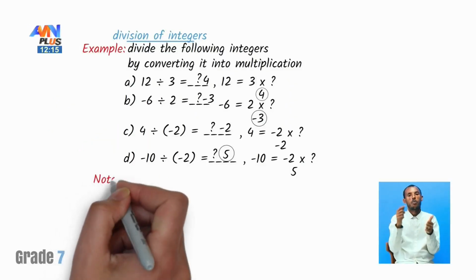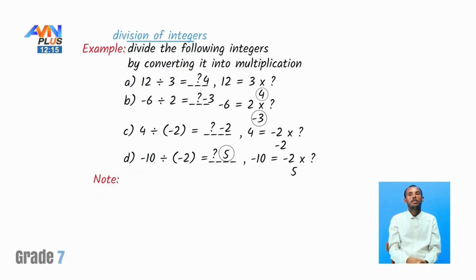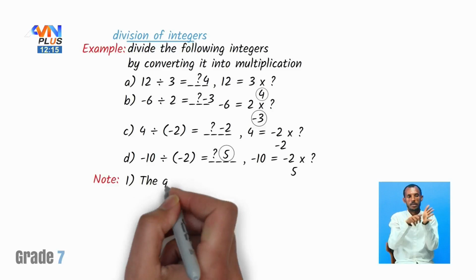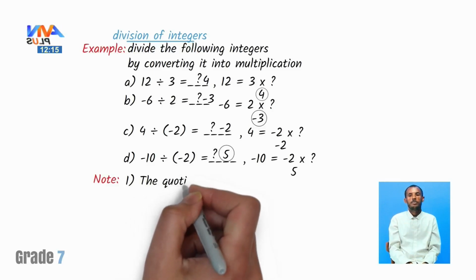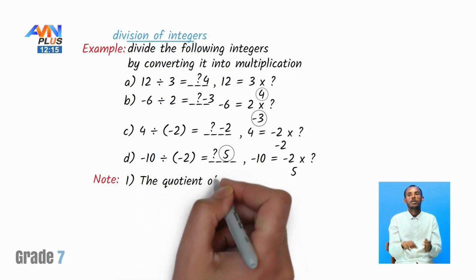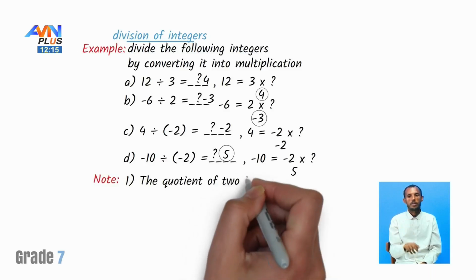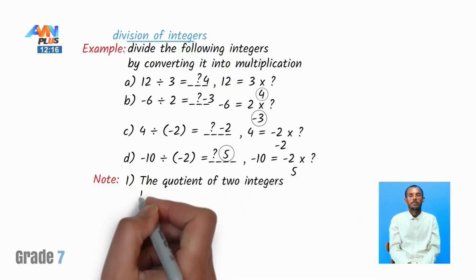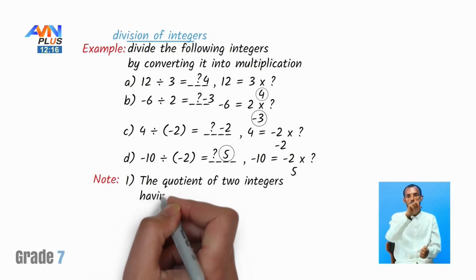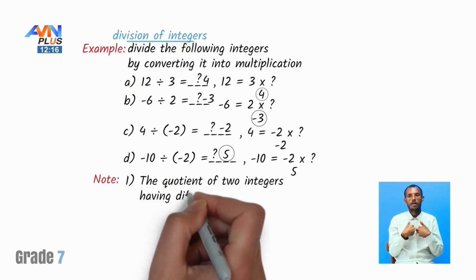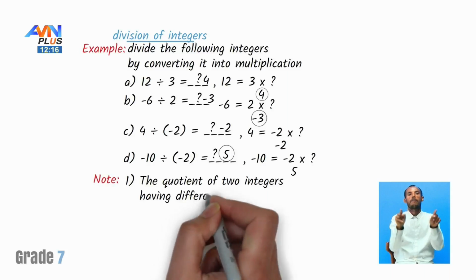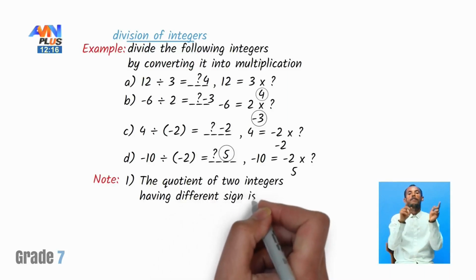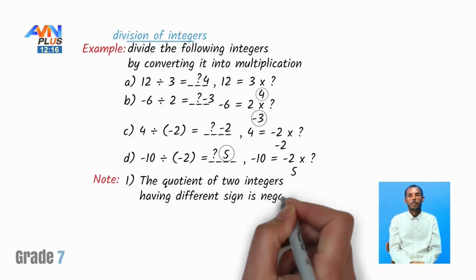1. The quotient of two integers having different sign is negative.